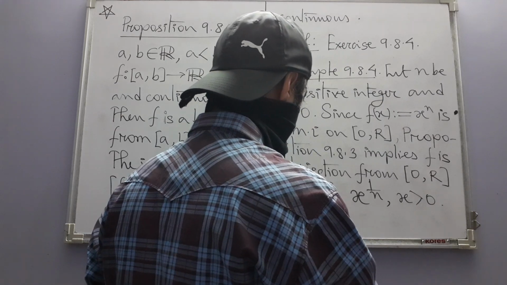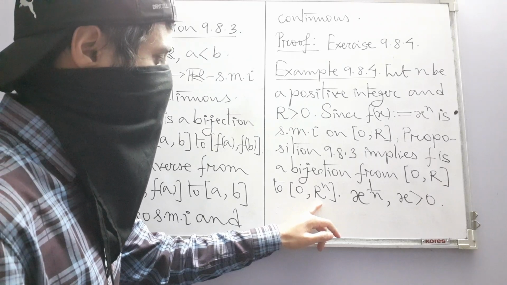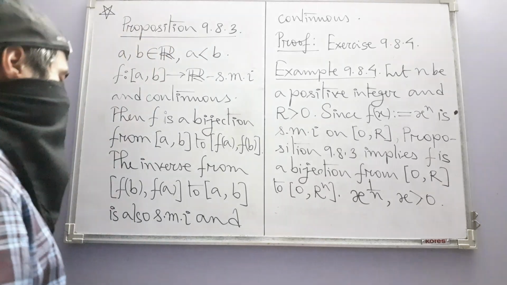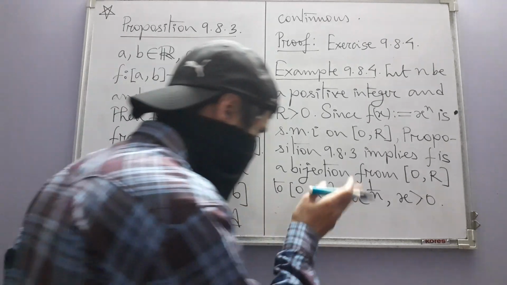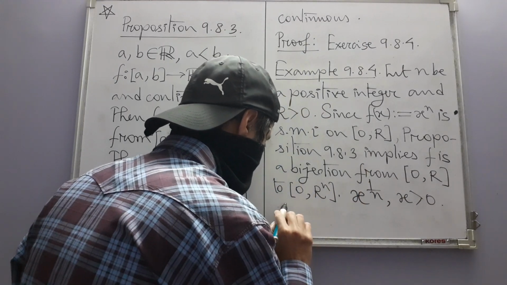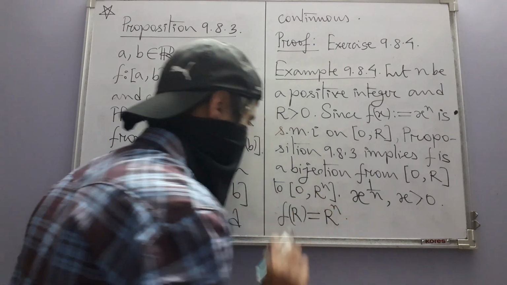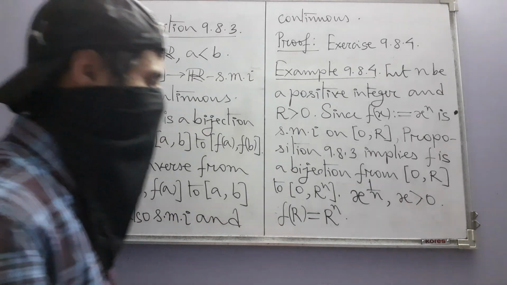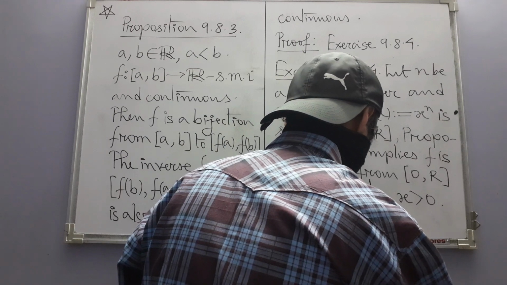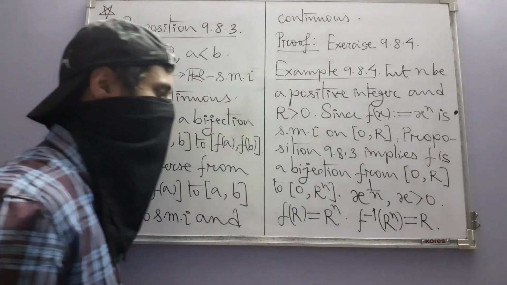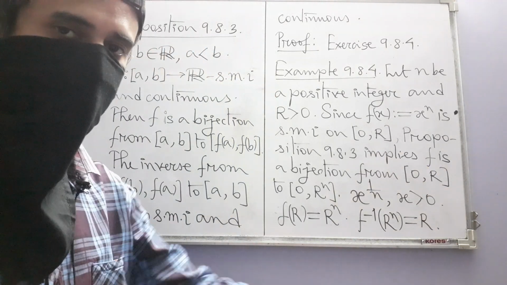So that's why for the inverse function, well, we do not need to see any of these properties to say what I am now going to say. f maps r to r to the power n. So that's why f inverse maps r to the power n to r, or in other words, the nth root of r to the power n is r.